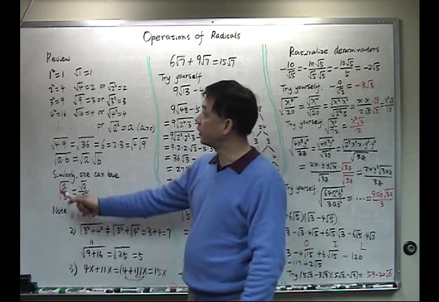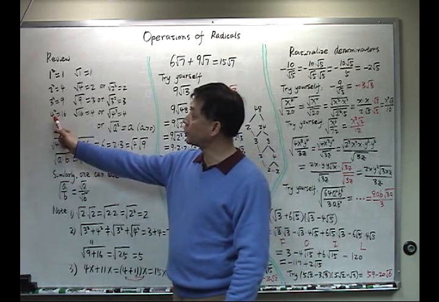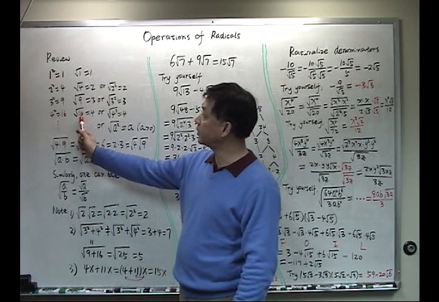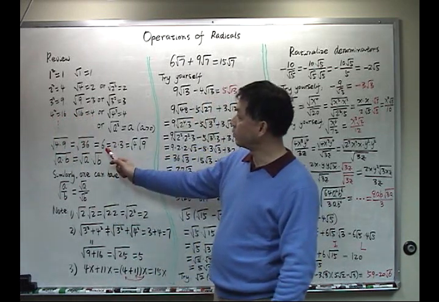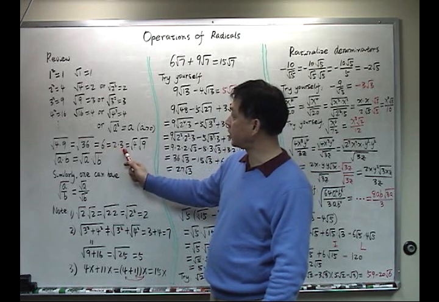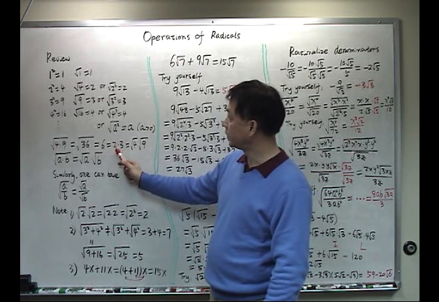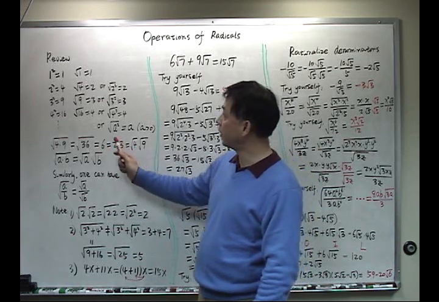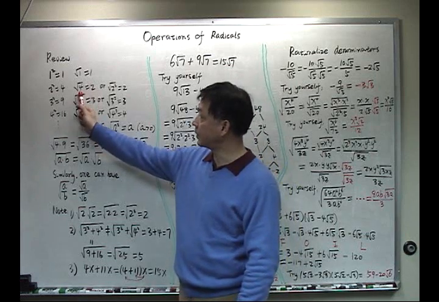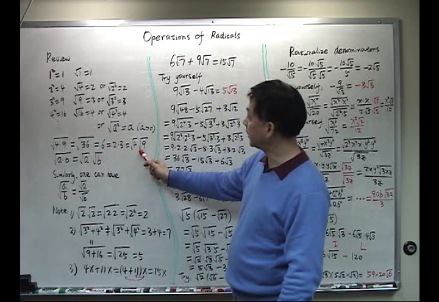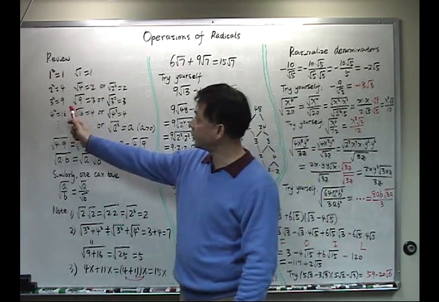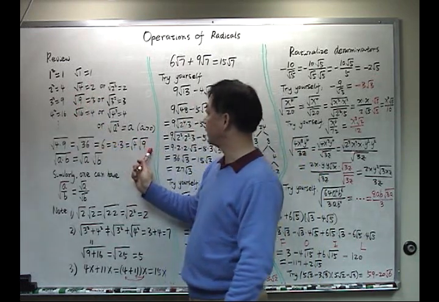We know 6 is 2 times 3, and 2 is radical 4, and 3 is radical 9.